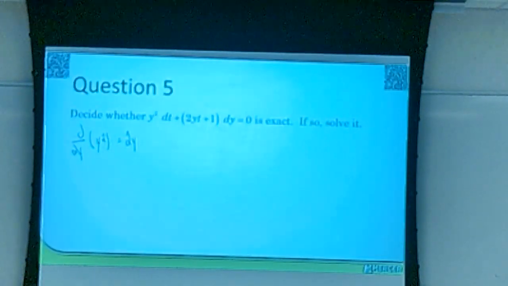Now we need to do partial t. Of what? What's that partial? Is this exact? Yes.